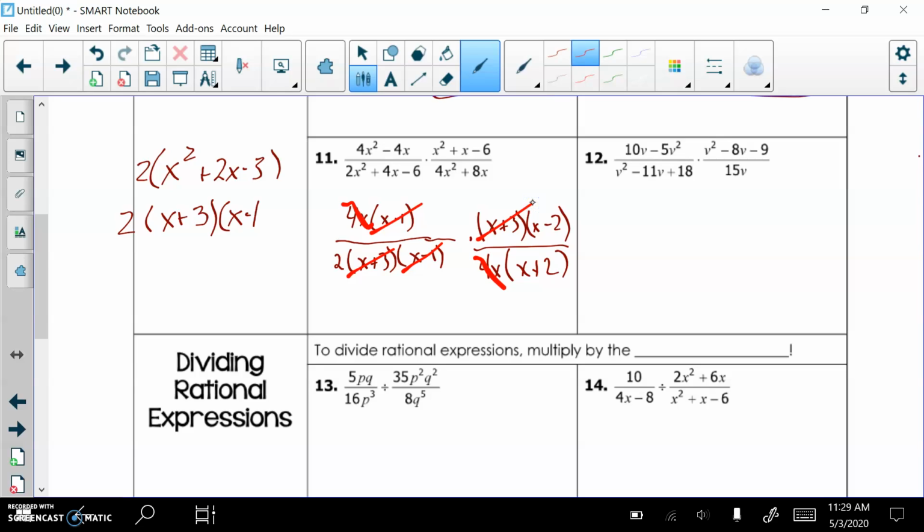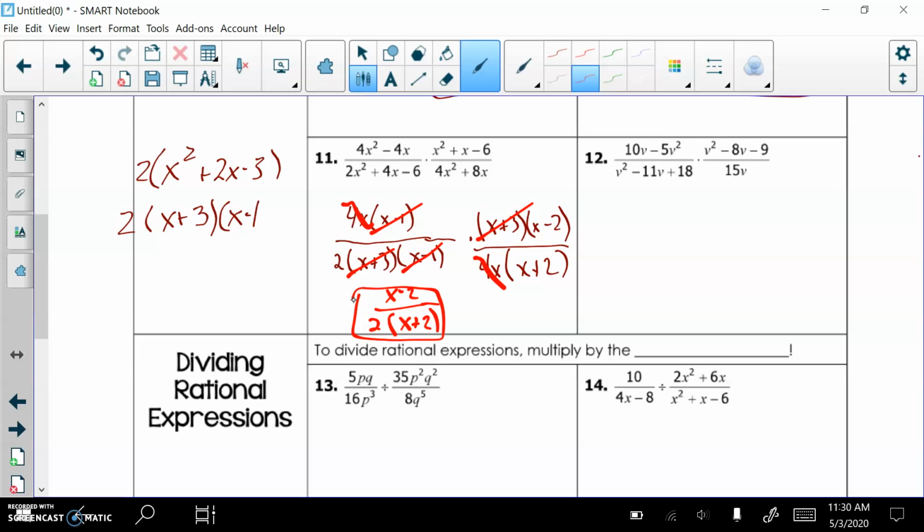We have x minus 2 and x plus 2, like the previous video. It wouldn't work if you factored out a negative number, so you can't just pick and choose when to do that. So that's all that's left, which means my final answer is x minus 2 over 2 times x plus 2. Just leave those factored. Don't multiply that 2 in there.